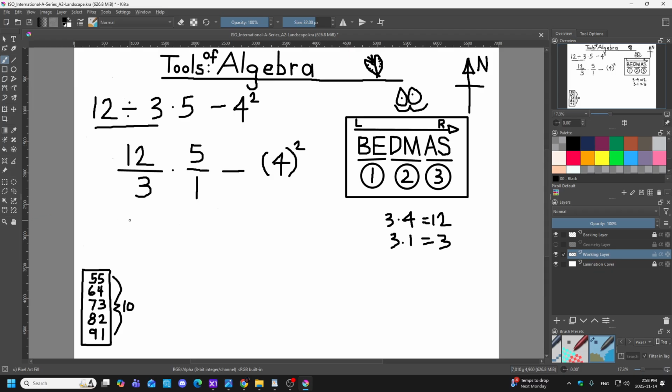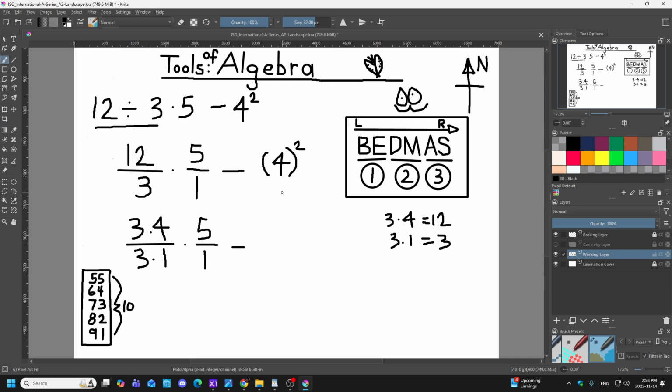Okay, so I'm going to write 3 times 4. I'm doing this extra step just to help you with understanding reducing fractions. Nothing's happening with the 5. The 5 is just hanging out and waiting its turn.